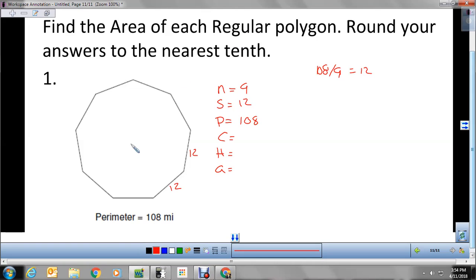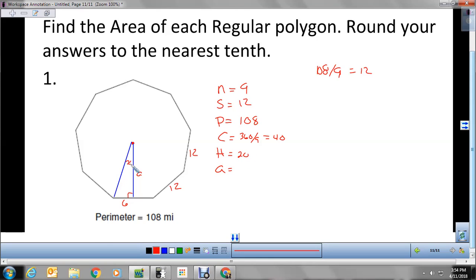Now I'm going to draw approximately the center here and create my apothem and then a right triangle. So if my side length is 12, that means this length is 6. This is my apothem. So now I need to find my central angle. So we're going to take 9 sides, do 360 divided by 9, which gives us 40, and our half angle would then be 20.